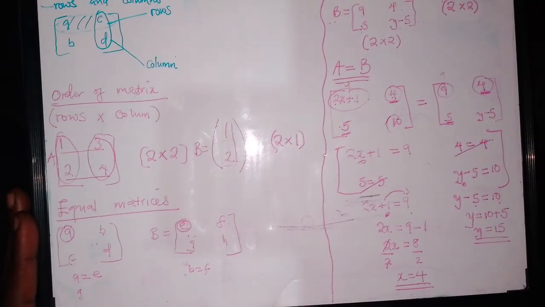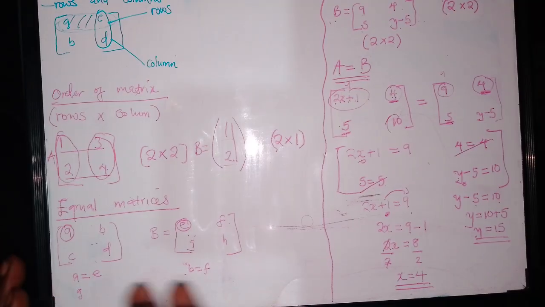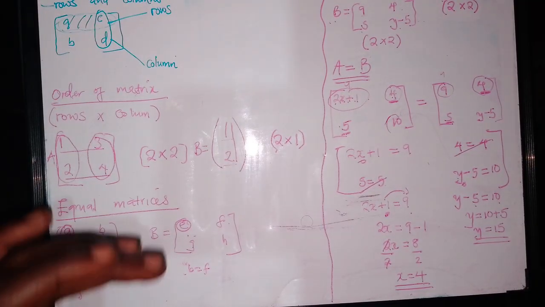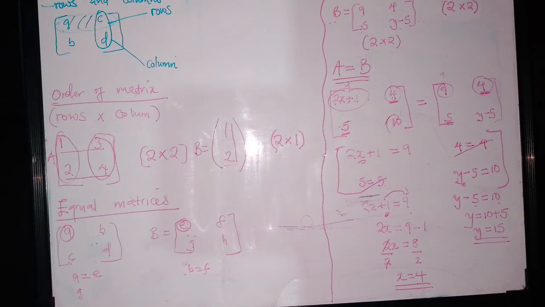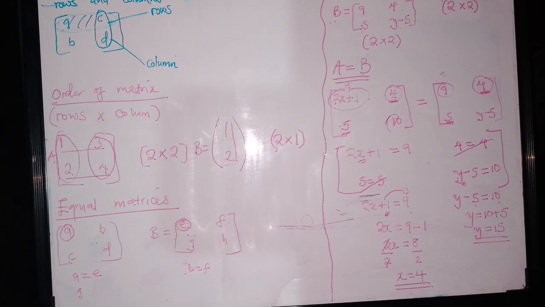So we can go back to our first example here where we have A plus B, C plus D, E plus G, and F plus H. So how can you add these numbers? Again, you add the same position. The way we are equating these is the same way you should be adding also.